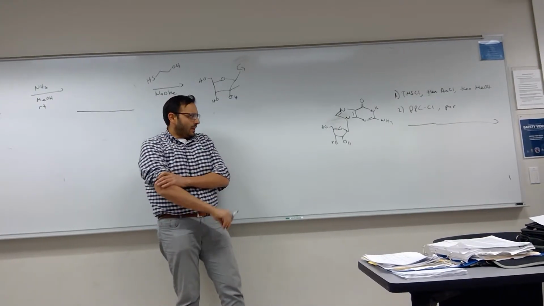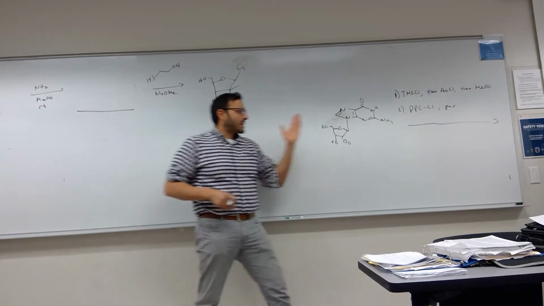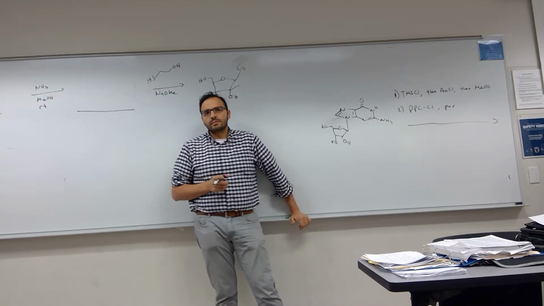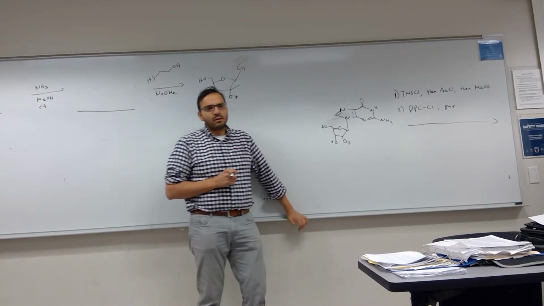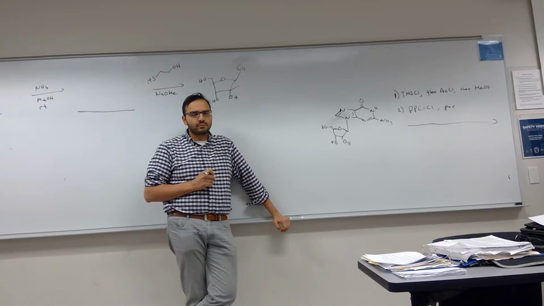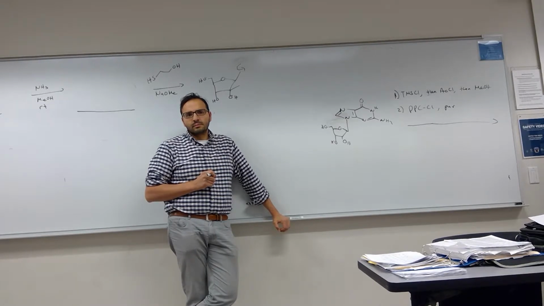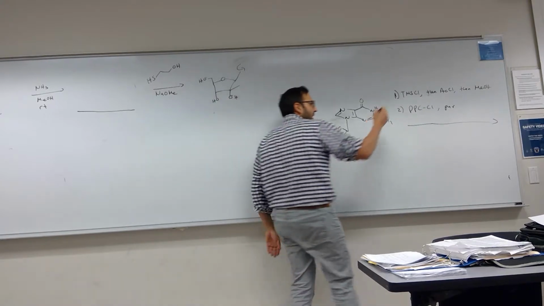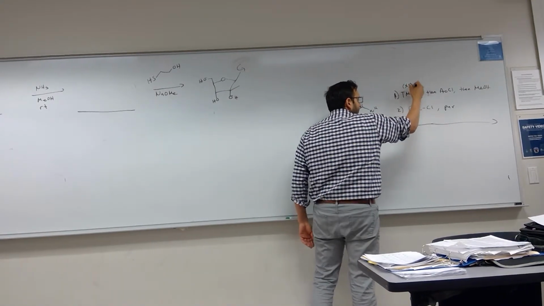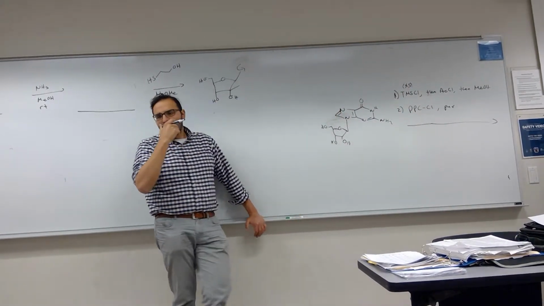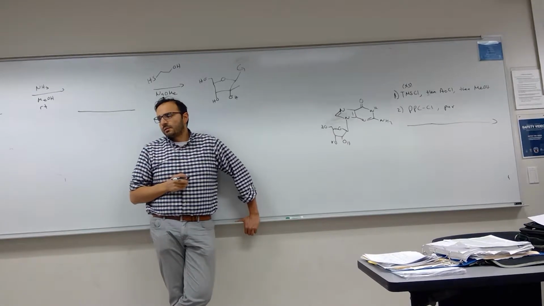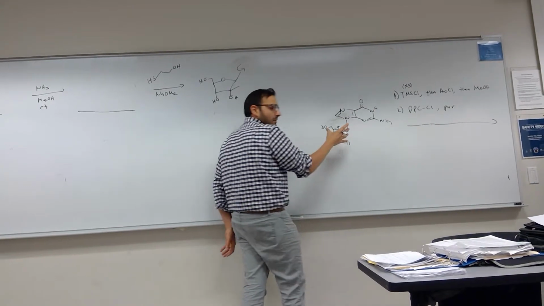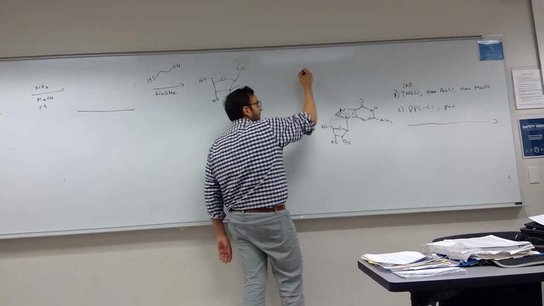So, all right, what is going on in the first step? Protection. Yeah, protection of which position? So TMS chloride, this is in excess. What does that do? If you have just guanosine with TMS chloride, what do you get?